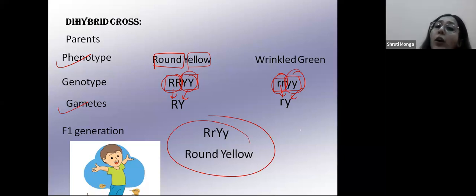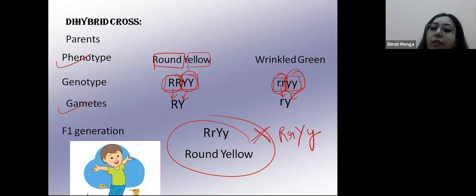Now, how do you get the F2 generation? What do you do? You do selfing between the F1 generation seeds. So basically, all the seeds that were obtained in the F1 generation were round and yellow. So selfing was done, that is like this. And then for the F2 generation, the gametes will be obtained.